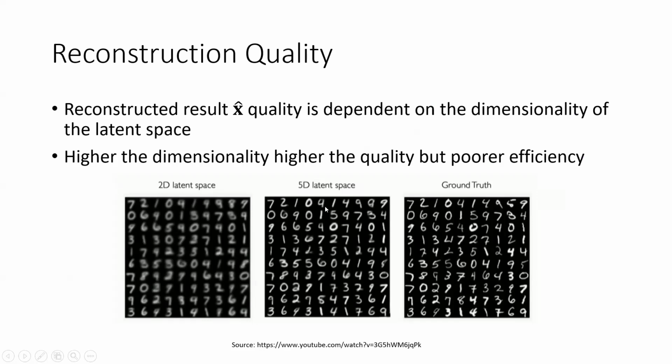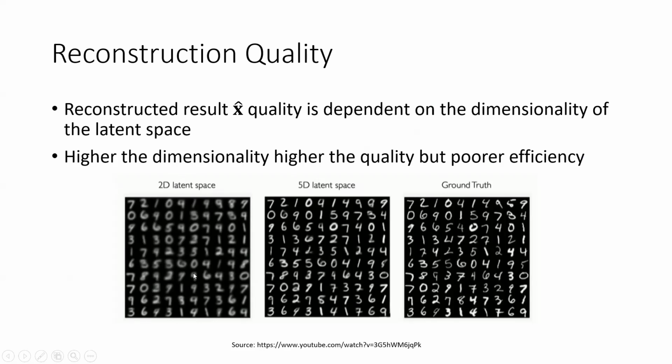But still you can read it, right? When the dimensionality is reduced from 5 to 2, you can still read this data, because even in this 2D space, Z was able to preserve the most significant information corresponding to each of these numbers.